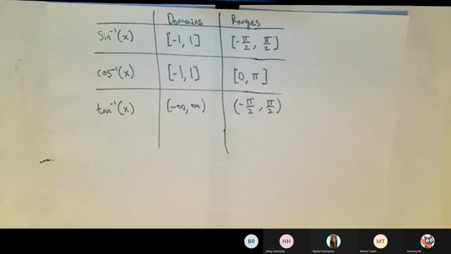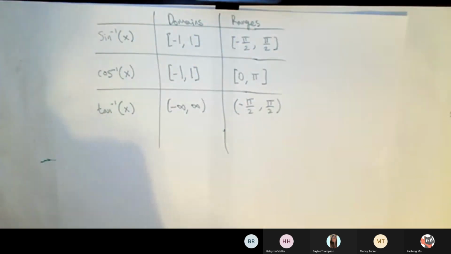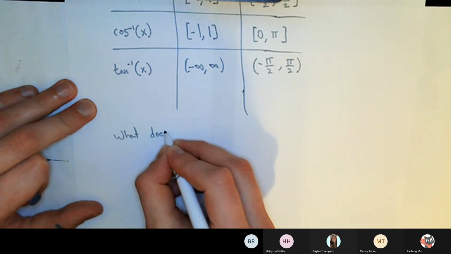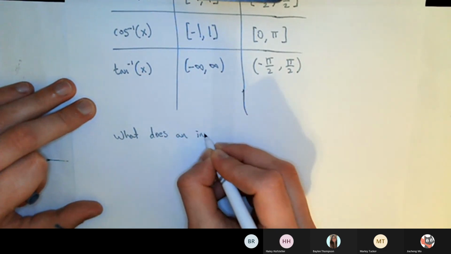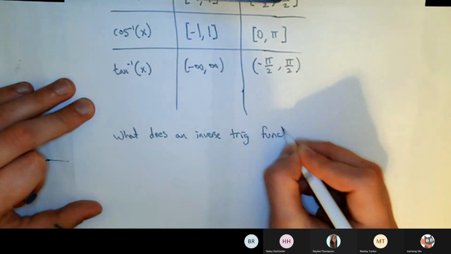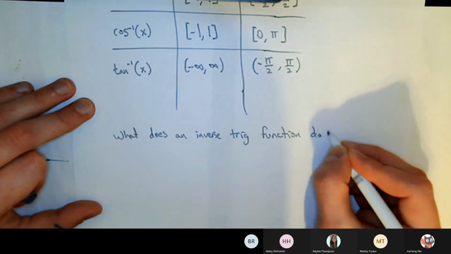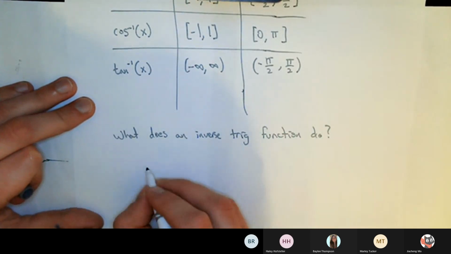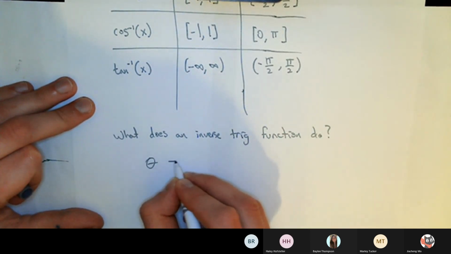Okay. Now, what does an inverse trig function do? And why am I using x instead of theta? Well, because a trig function takes in theta as an input.